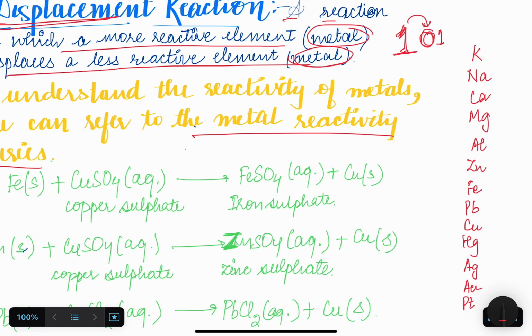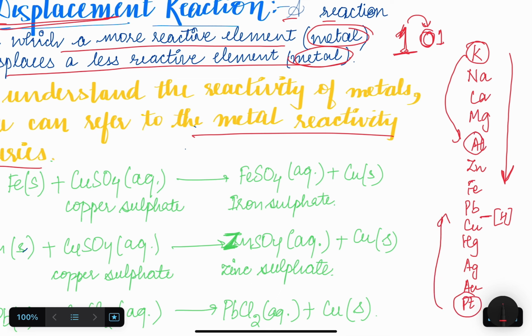And before copper we have hydrogen also. As we move down, the reactivity of the elements decreases, and a higher reactive element can replace low reactive elements, but platinum cannot replace any of them.